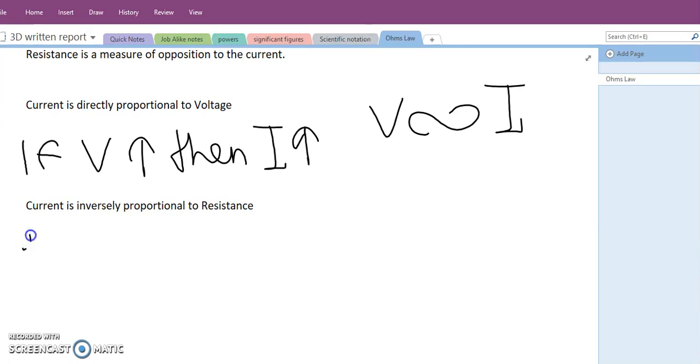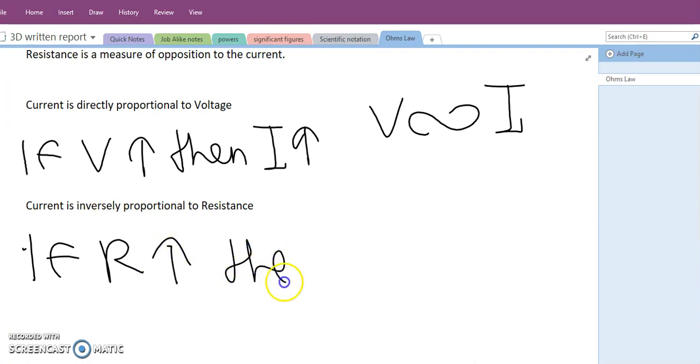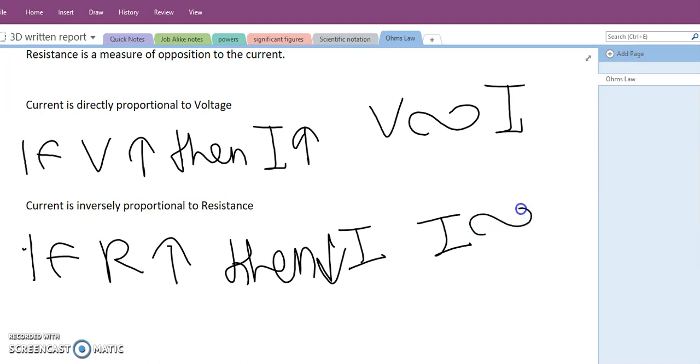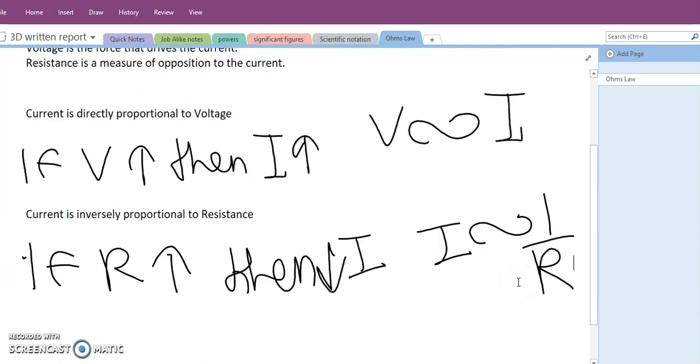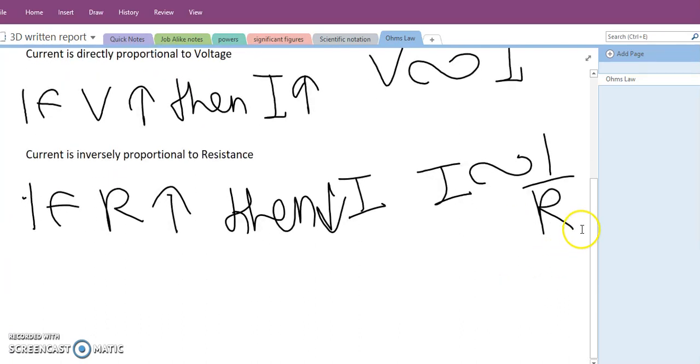And like I said, if resistance goes up, then the current has to go down, right? The current has to go down. So mathematically, this looks like current is proportional to 1 over R. Well, proportionality is not going to do us much, right? We need an equality.